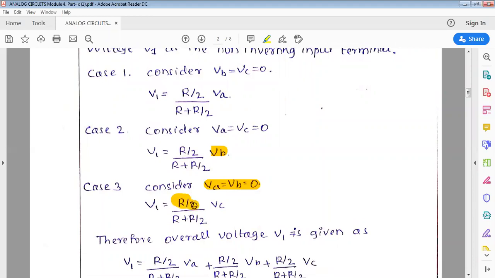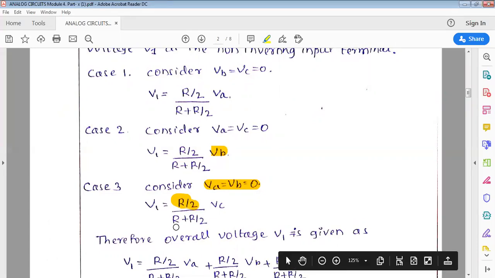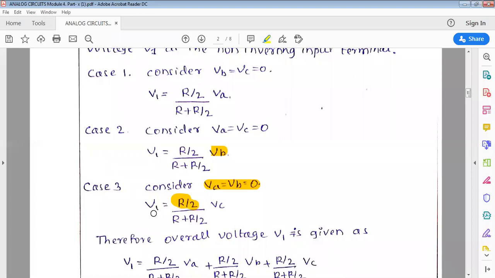So we can write the voltage V1 due to the applied voltage VC as V1 equal to R by 2 divided by R plus R by 2 into VC. These three cases were considered independently, assuming that out of the three power supplies only one is active and the other two are made zero. Now we need to calculate the overall voltage V1.